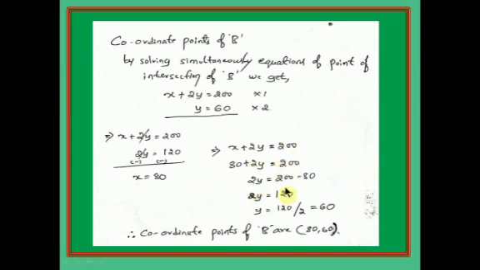So 2y is equal to 200 minus 80, 2y is equal to 120, and y is equal to 120 divided by 2, which is 60. So what we have obtained is x equal to 80 and y equal to 60. In terms of coordinate values, the x value has to be written first, so 80, and then 60. So the coordinate points for B are (80, 60).